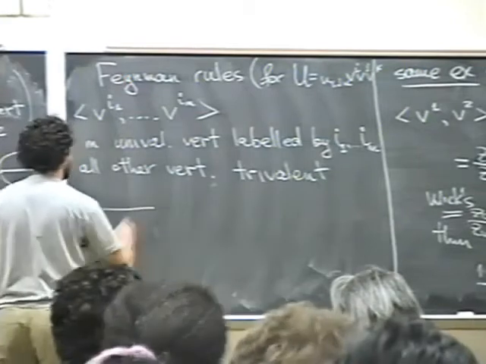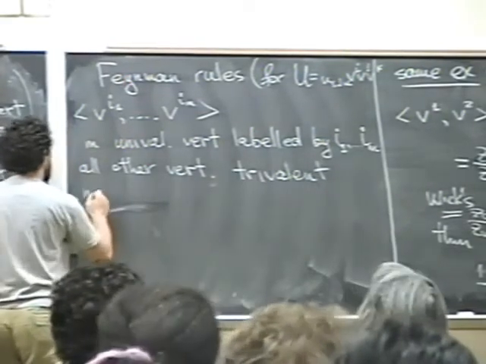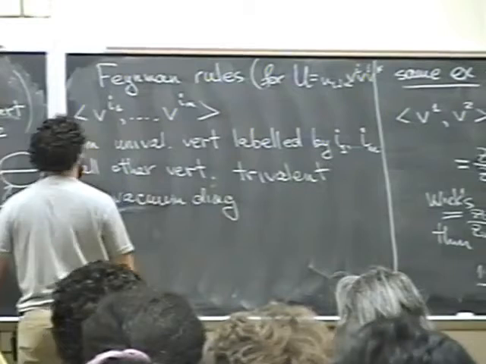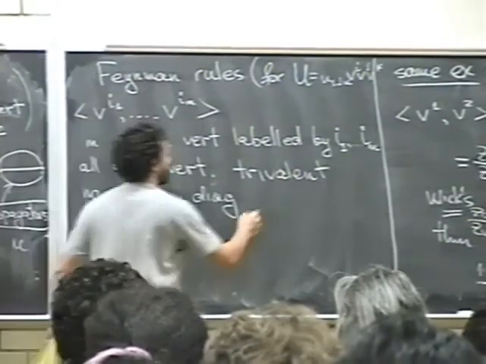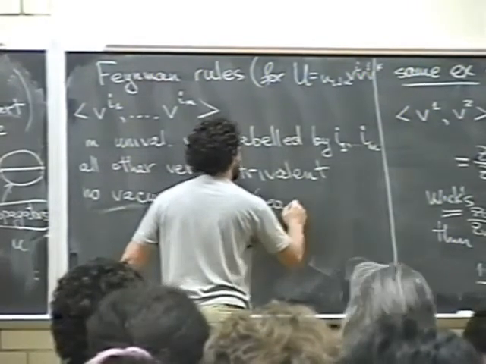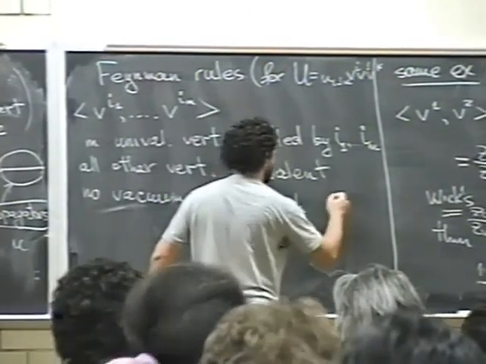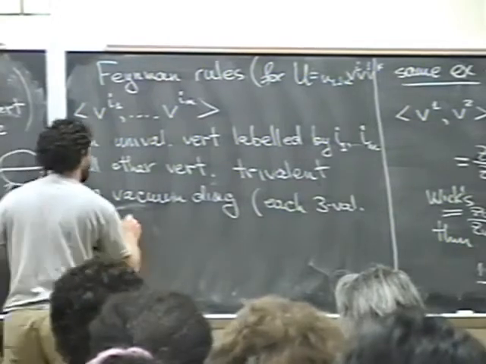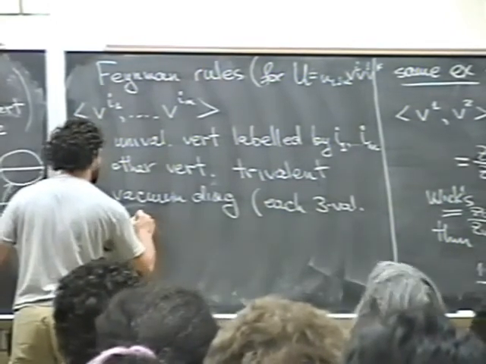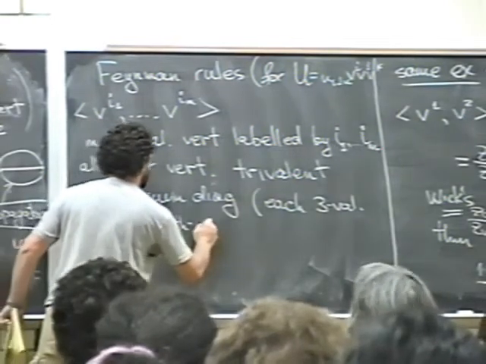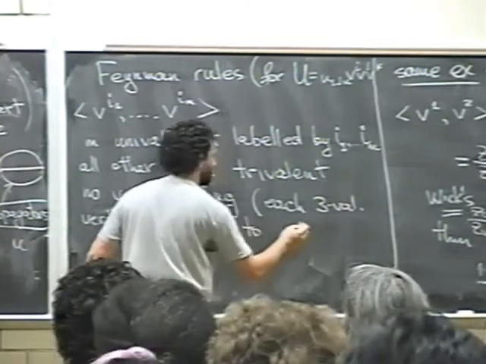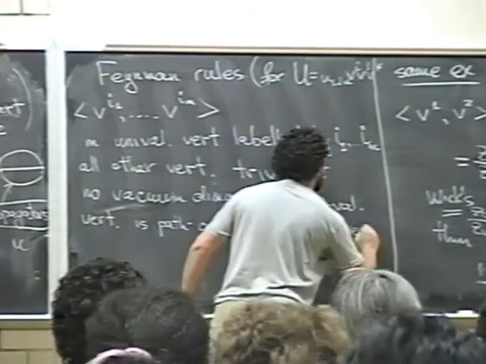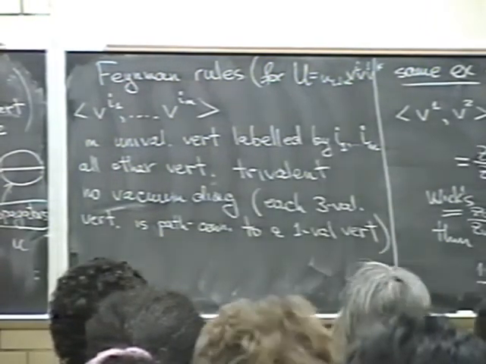And then again for each edge of your diagram. As I said, no vacuum diagrams, which means that each trivalent vertex can be path connected to a univalent vertex. So diagrams of this sort do not appear.